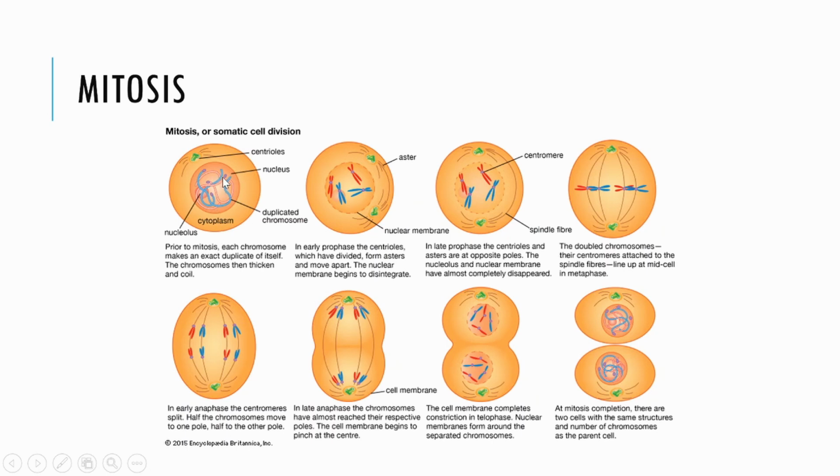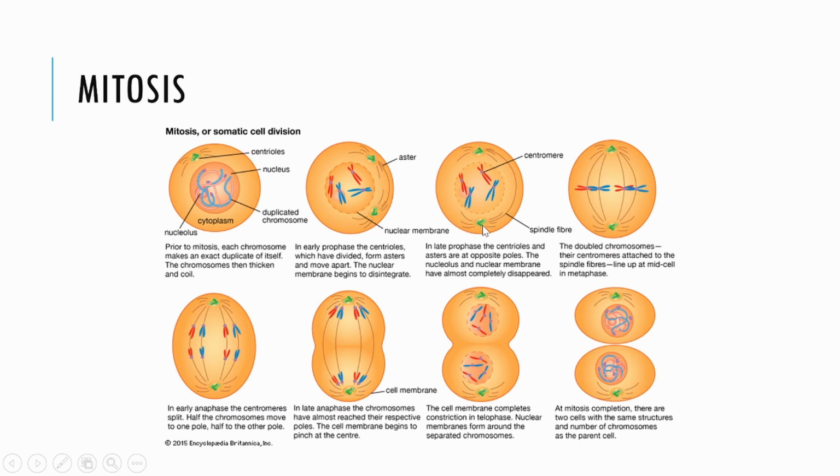It then starts to condense down in prophase. So these two pictures here are prophase. This is the early part of prophase and the later part of prophase. We start to see that the DNA condenses down into that classic chromosome shape. The centrosomes, or the centrioles, are going to move to opposite sides to form what we call the poles.